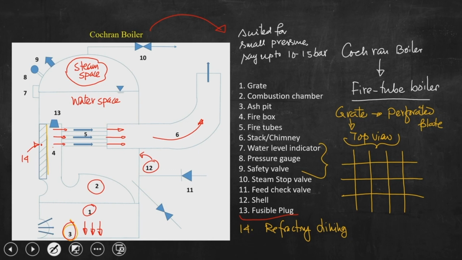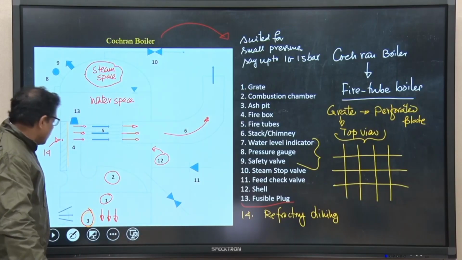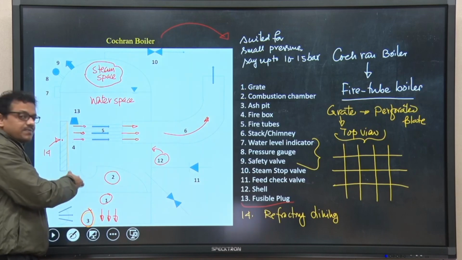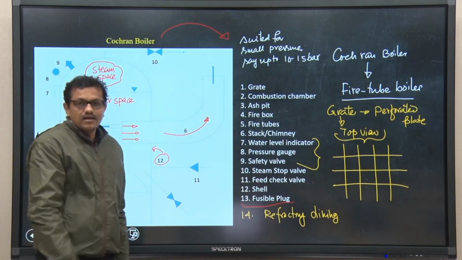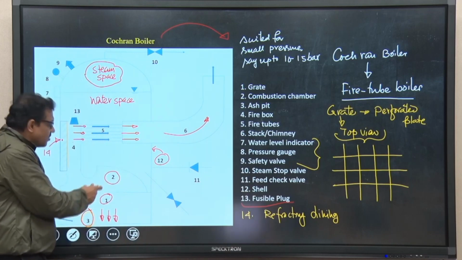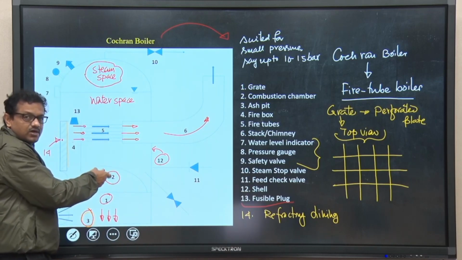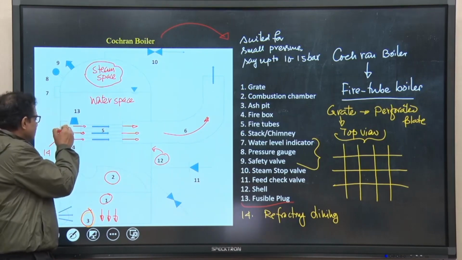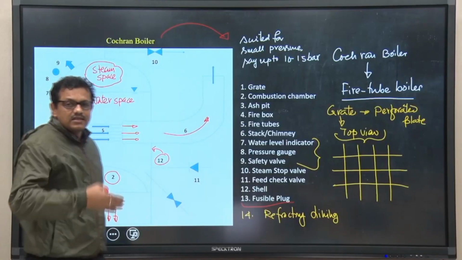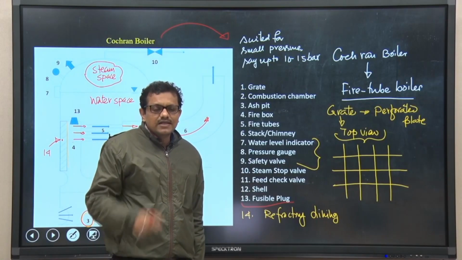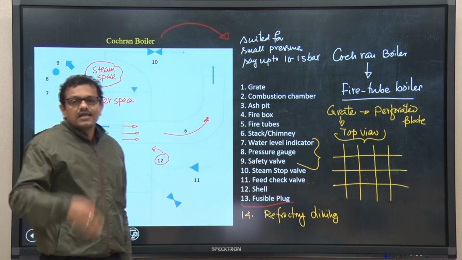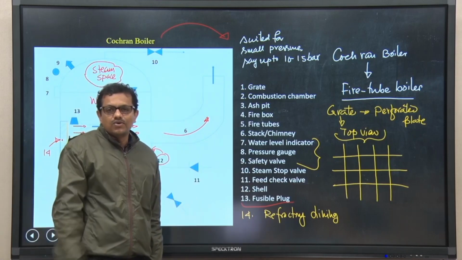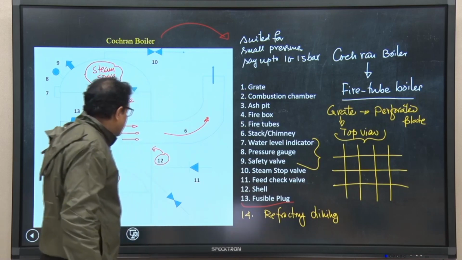At the cost of that input energy, we get some change in enthalpy of the working substance, and water is converted into steam. In the process, if sufficient preventive measures are not taken, the heat coming from the combustion product will leak from the boiler surface. That is why this lining is given, so that this layer acts like an insulator. It does not allow heat to go out from the boiler. So, this is the refractory lining.